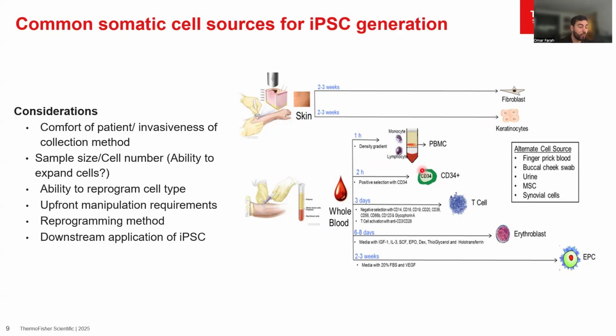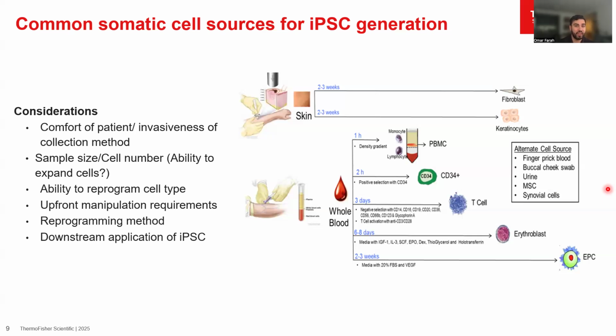These are the hematopoietic stem cell population in the blood, or even other lymphocytes like T cells or B cells as well. There are other alternative cell sources that you will start to see. Cells from the urine or mesenchymal stem cells are also very common somatic sources for iPSC generation.